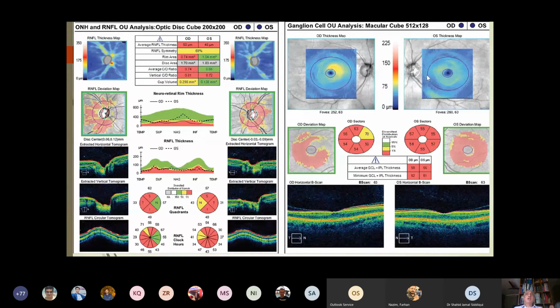As I showed you initially, you should have a yellow donut around the macula, because the retinal nerve fiber layer is thick. It should be around 100, and that is not showing. So it's blue, so that means that the perifoveal area is thin in this patient. But this is the deviation map from an age-matched control. So this is from a normative database, and this is split from the normal patient, and this is showing that this is decreased from that patient.